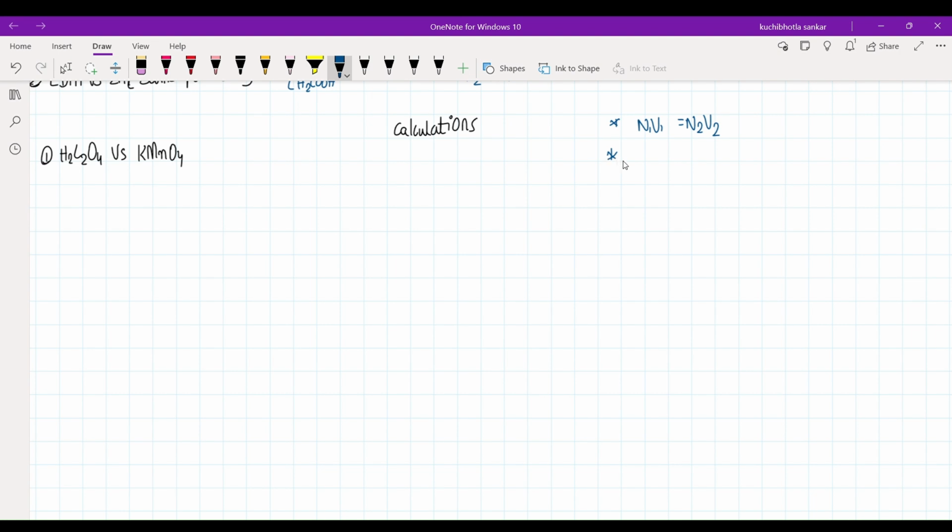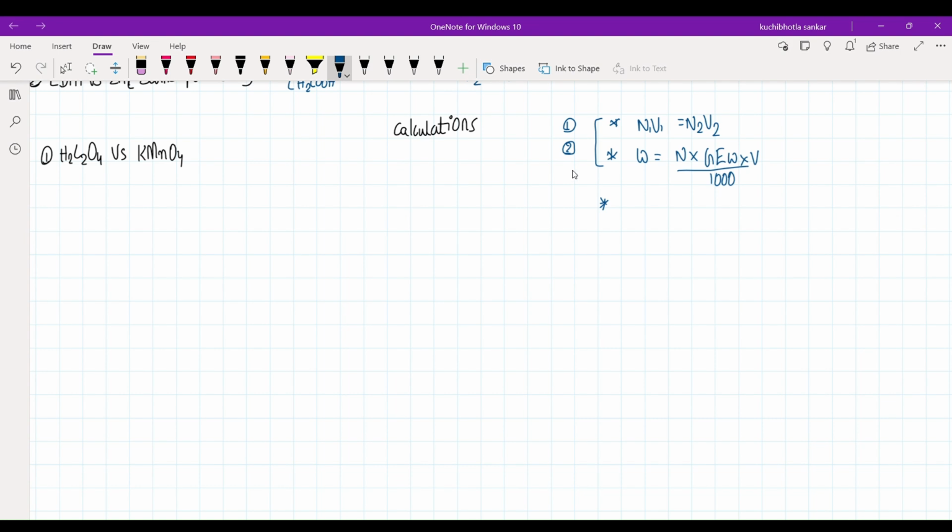And after that we are going to use another formula, that is for getting the weight: normality into gram equivalent weight into volume by 1000. This is going to be another formula for us. This is the formula that we are going to use for the first titration, second titration.